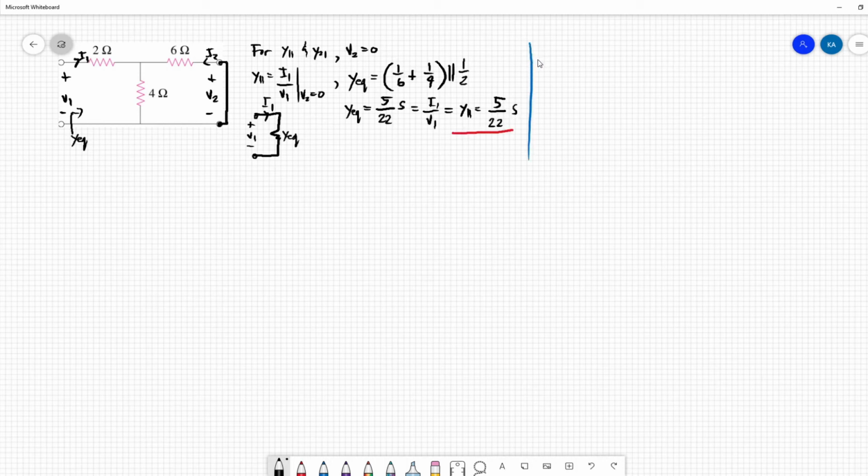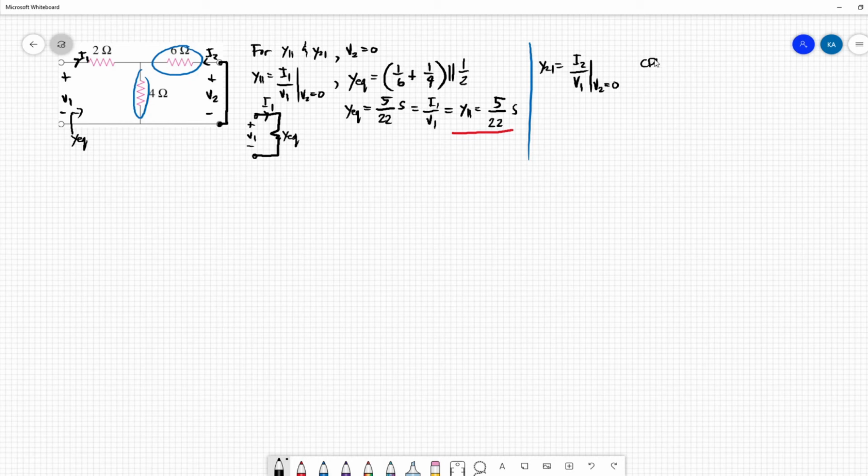Now for our Y21 equal to I2 over V1, with V2 equals to 0. Now looking at the circuit, our 4 ohm resistor and 6 ohm resistor are connected in parallel. So we can express our I2 in terms of I1.